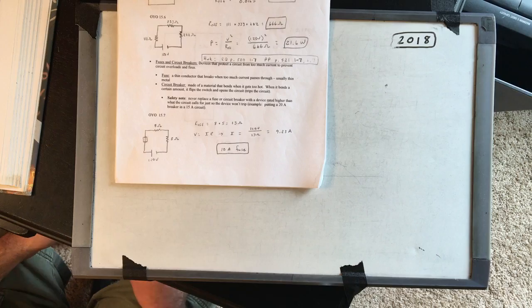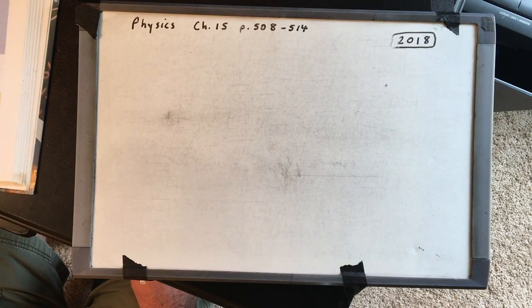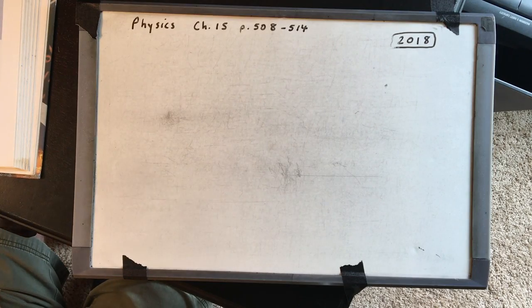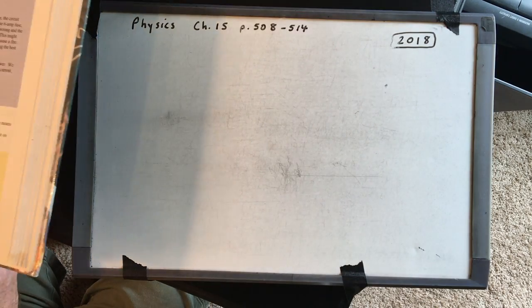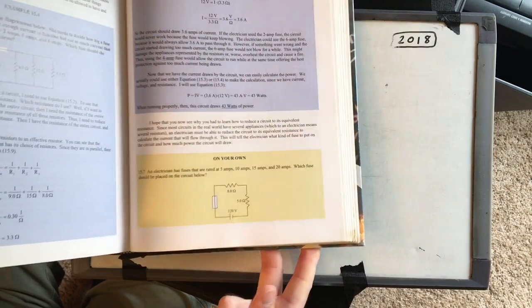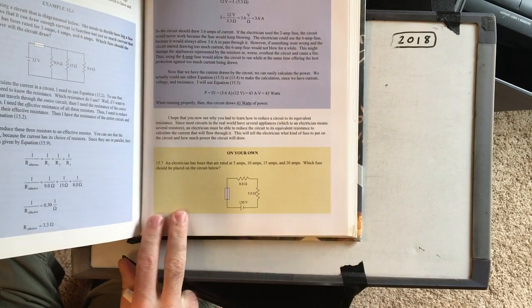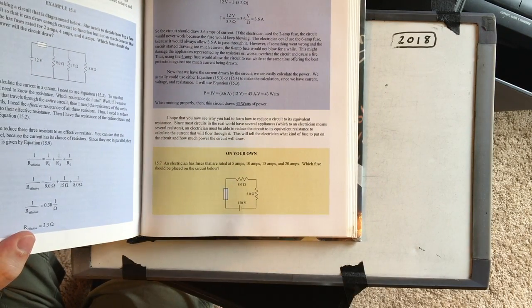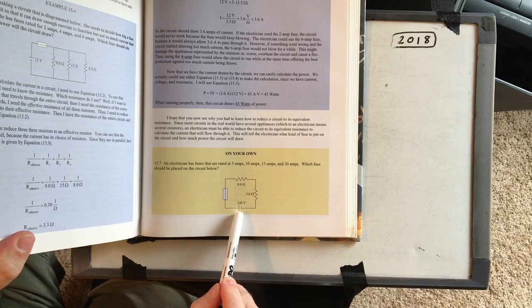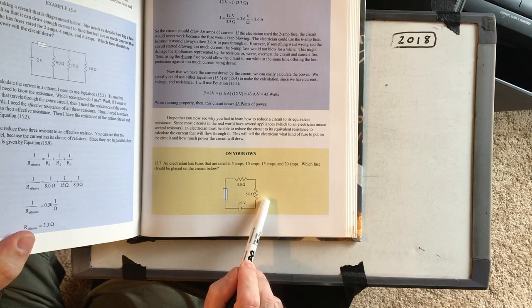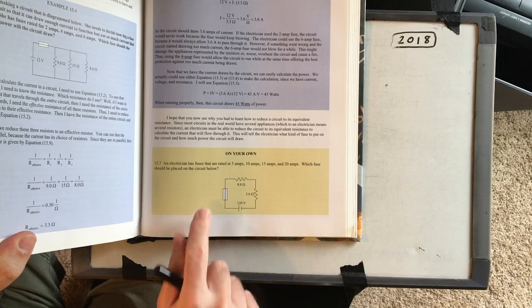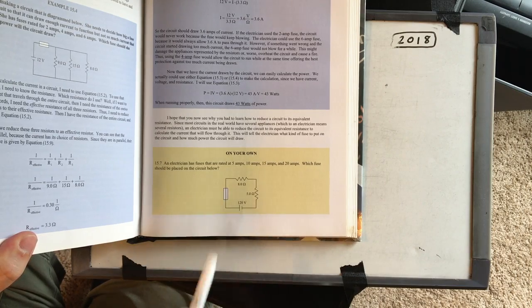All right, so let's look at 15.7 on page 511. For that one, you can see we've got a simple circuit with a 120 volt source, 2 resistors, and we have a fuse right here.